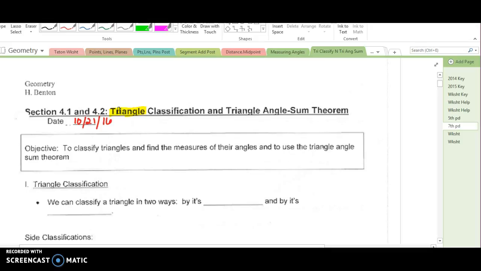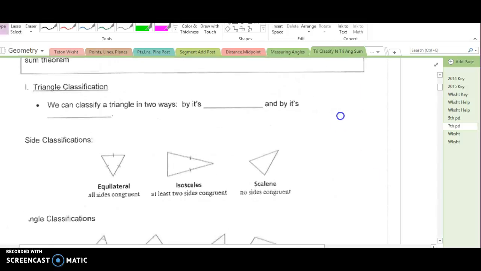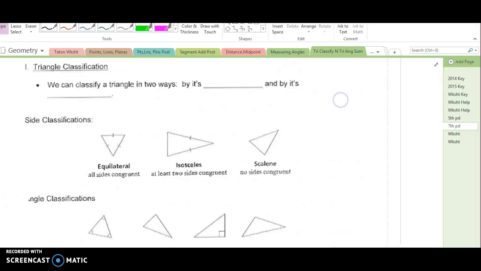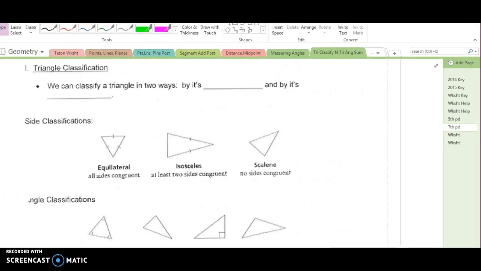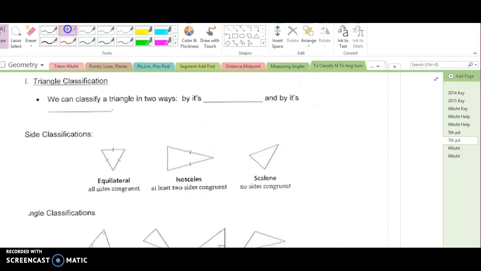And so last night in your homework with the quiz on haiku and the videos, there were two things you looked at. One was how to classify triangles. And we know that we can classify triangles by their sides and by their angles.